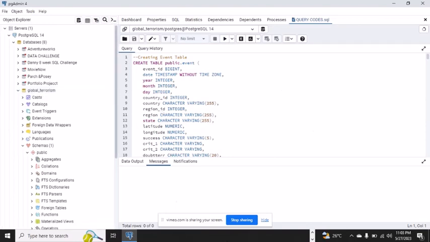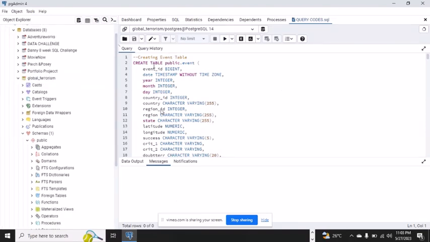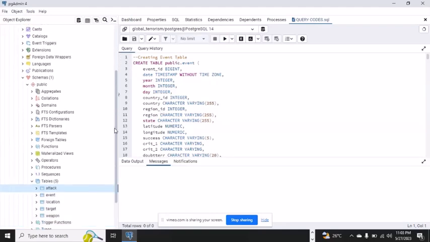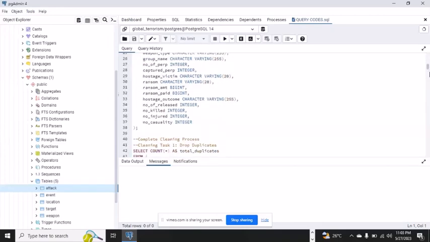After creating the database, I created the 5 tables involved, which were the events table, the attack table, the locations table, the targets table, and the weapons table, as you can see here. After creating the tables, I imported my files and began querying.